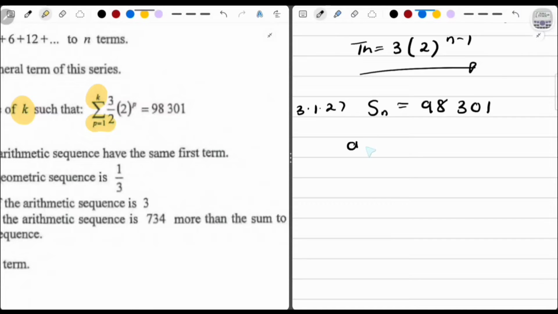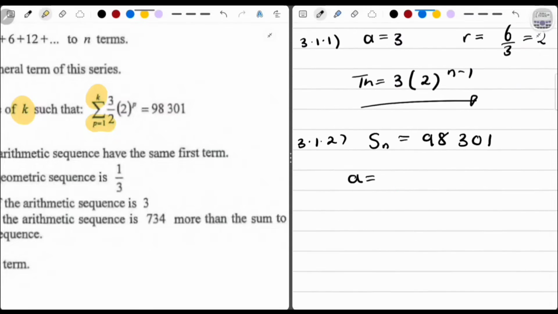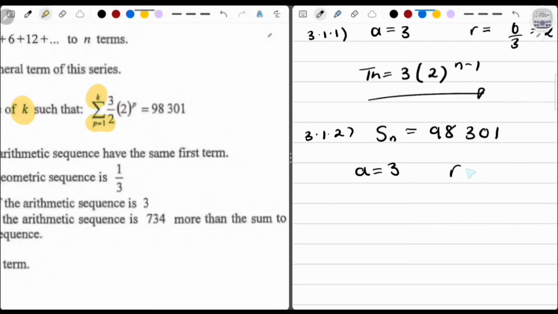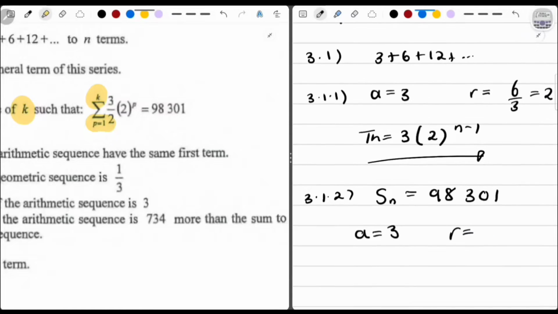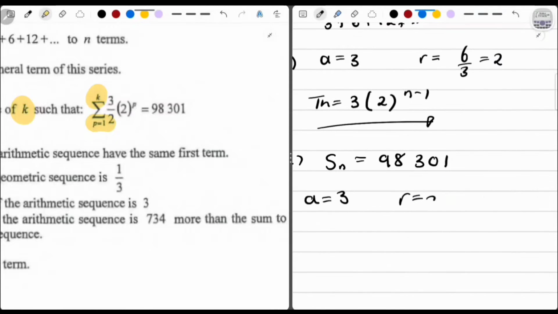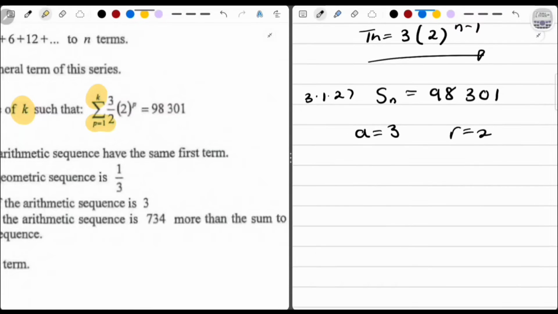I also know the first term: the first term is 3. I also know the value of r, which is 2. I know all of these already, so I can go ahead and find the value of k.